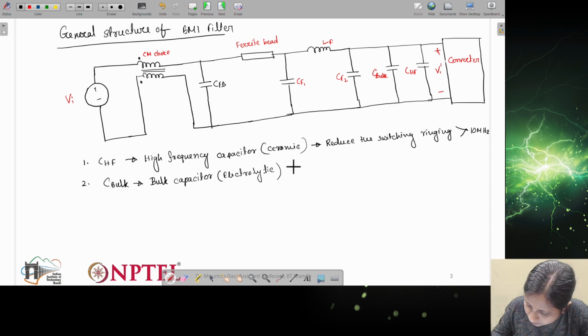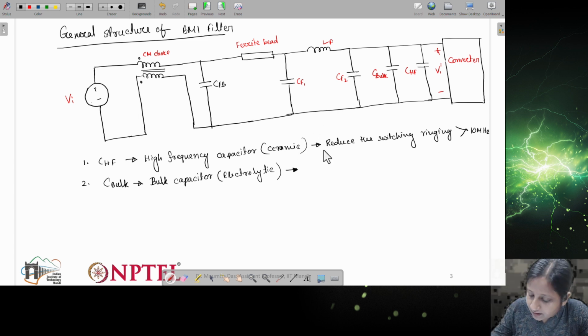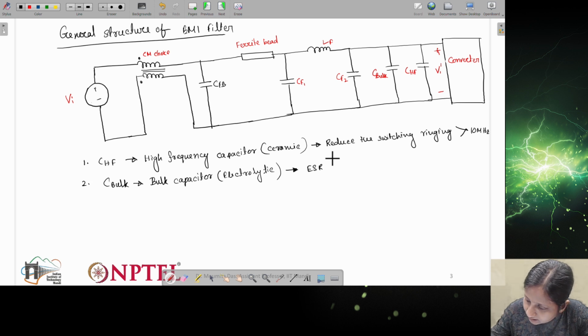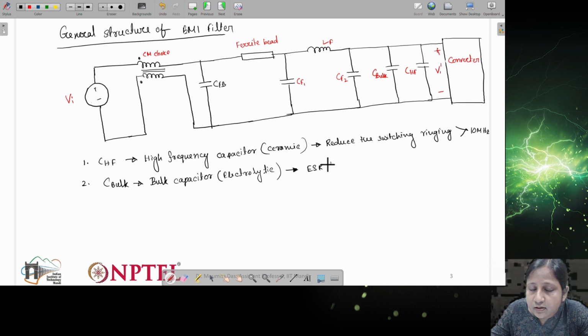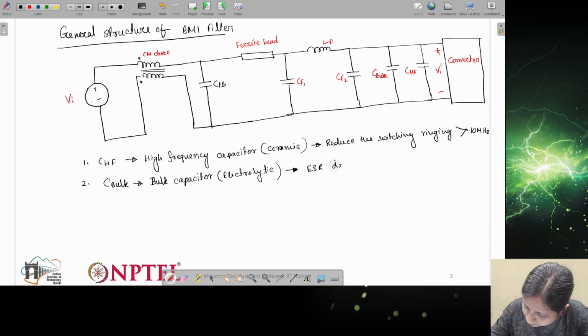That is because this provides like constant kind of supply, and ESR of this bulk capacitor helps in damping the resonant signal. I can just write damping.